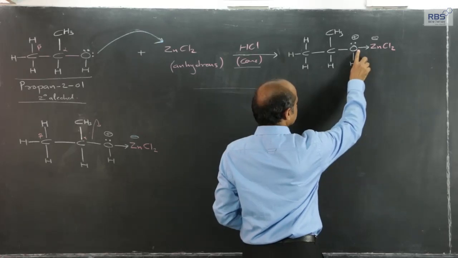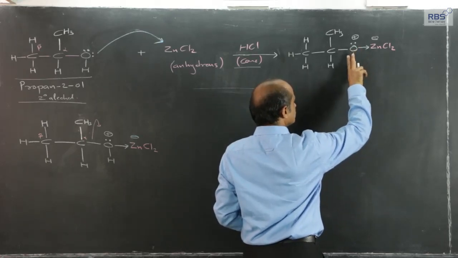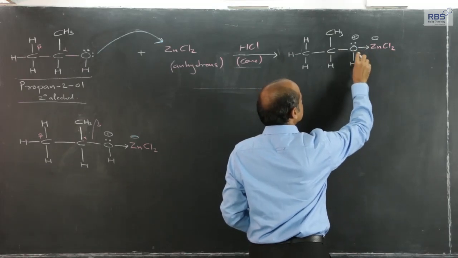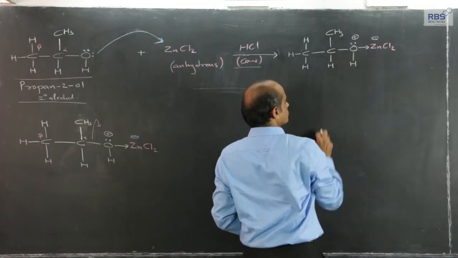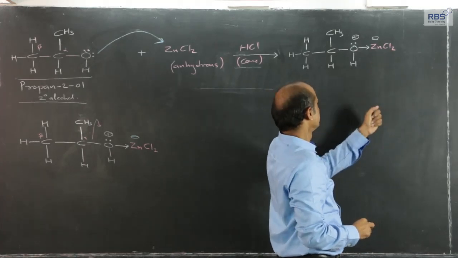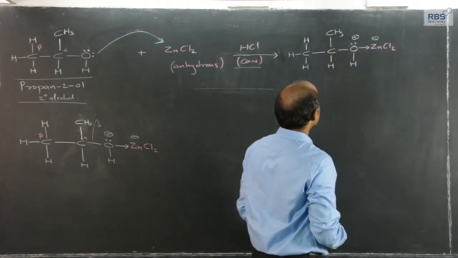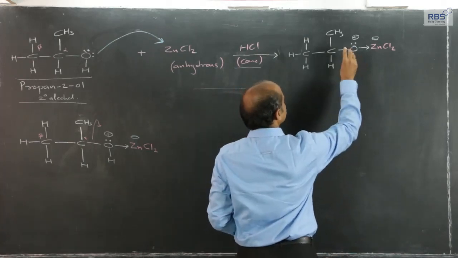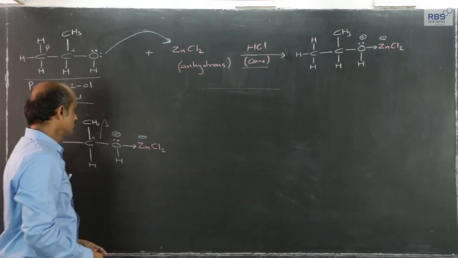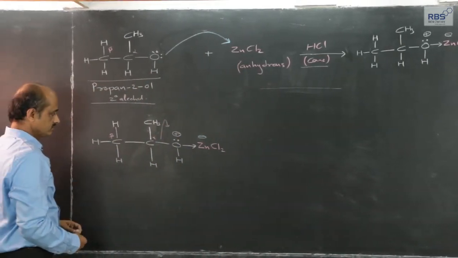Since the lone pair on oxygen becomes a shared pair between two different atoms, oxygen and zinc of ZnCl2, a positive charge is developed on oxygen, negative charge on zinc. It is not free ZnCl2 now. So, this oxygen now becomes electron deficient. I have written it here again.